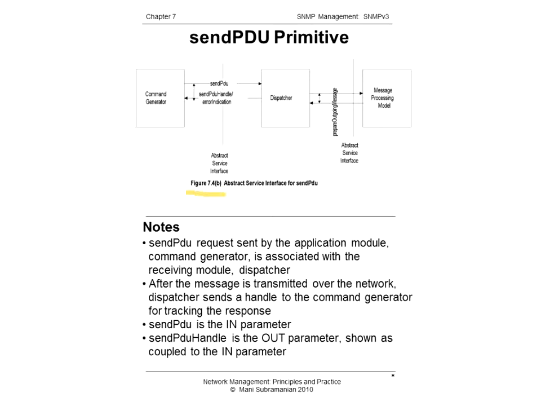Now see this figure. This is an example of the application command generator sending a request, send PDU, destined for a remote entity, to the dispatcher. After successful execution of the requested service and sending it on the network, the dispatcher returns to the application a send PDU handle.